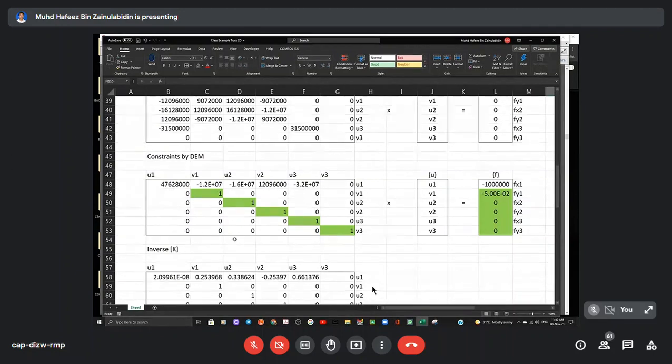If you remember from the last lecture, this is how we apply constraint by using direct elimination method, DEM. To the location that we want to apply the constraint, the degree of freedom we want to constrain, we need to put 1.